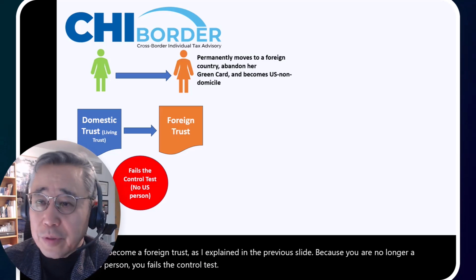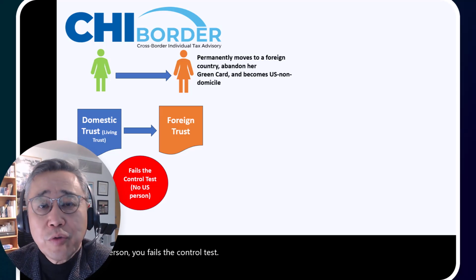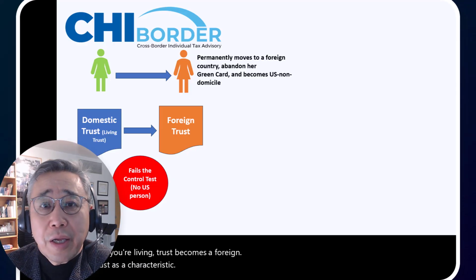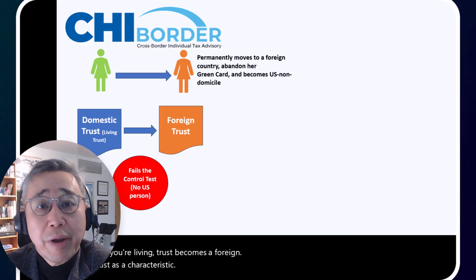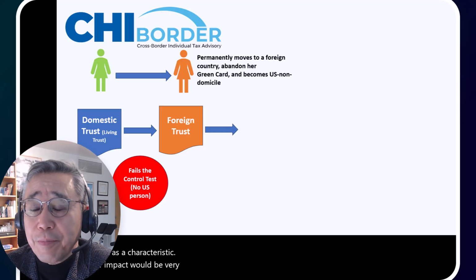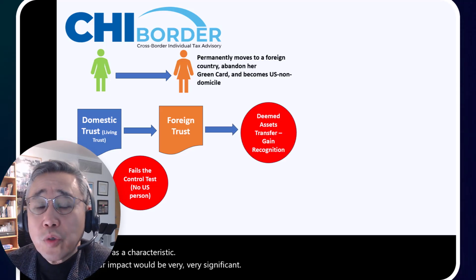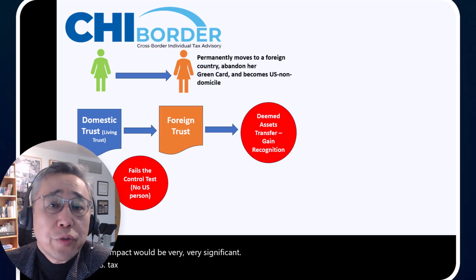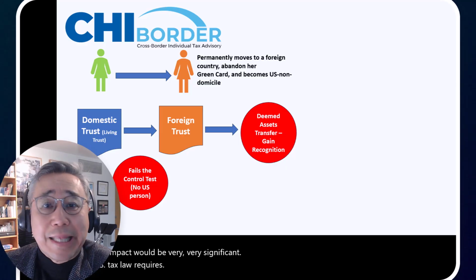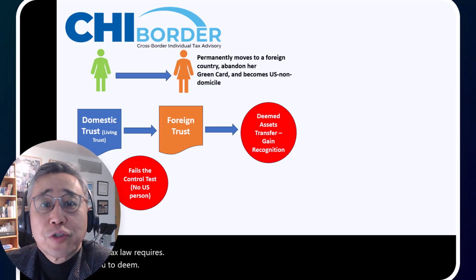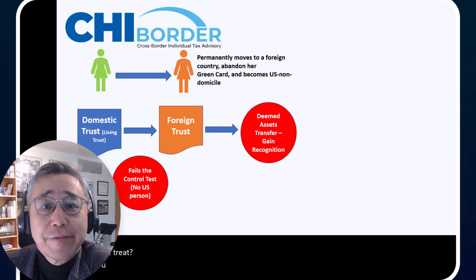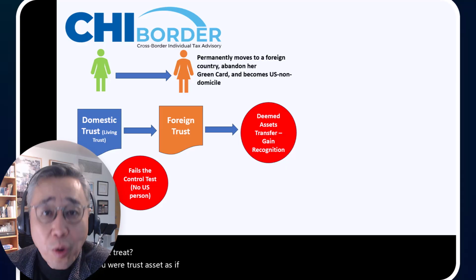If your living trust becomes a foreign trust as a characteristic, the impact would be very, very significant. US tax law requires you to deem or treat your trust assets as if they were sold.